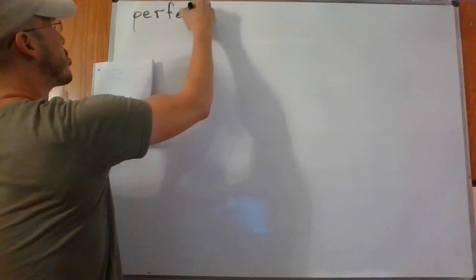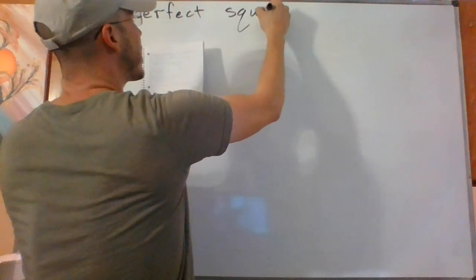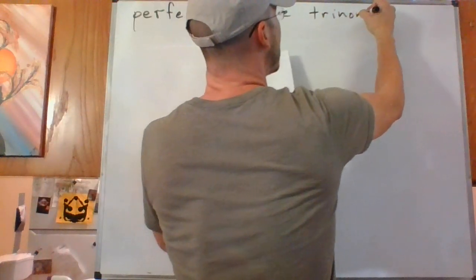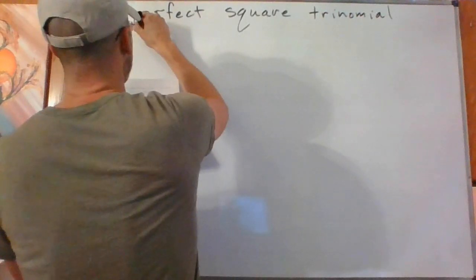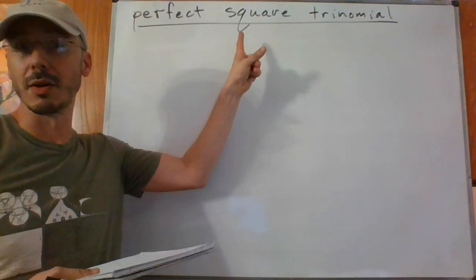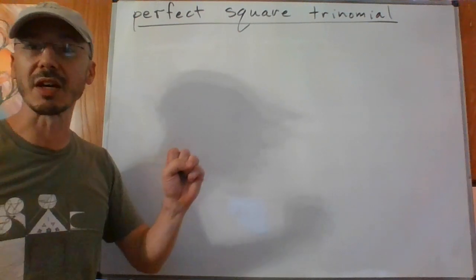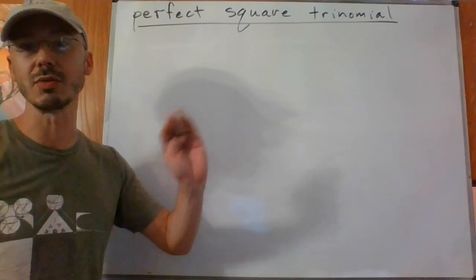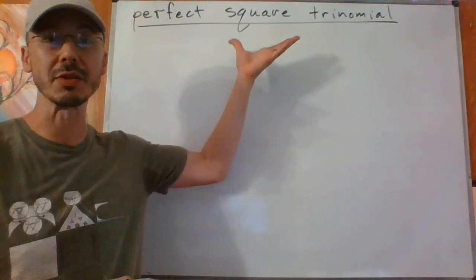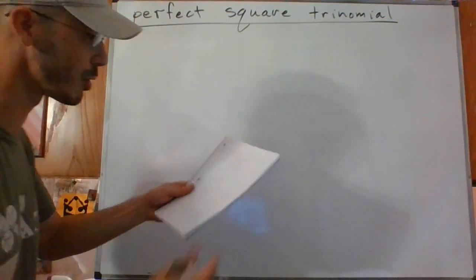The next thing I want to mention is the perfect square trinomial. I really usually just call it a square, but perfect square numbers, like 4 because it's 2 times 2, 9 because it's 3 times 3, are called squares, or perfect squares if you're not into the whole brevity thing.